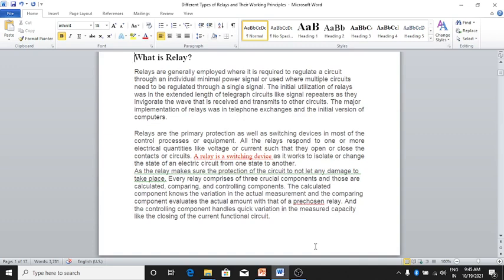Every relay comprises three crucial components, and those are calculated, comparing and controlling components.